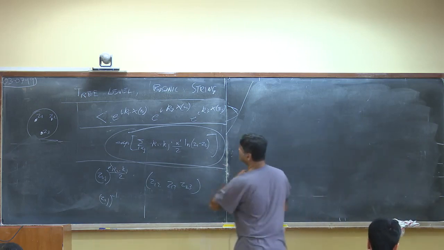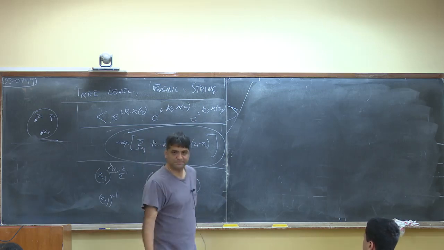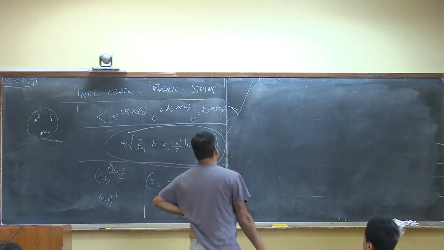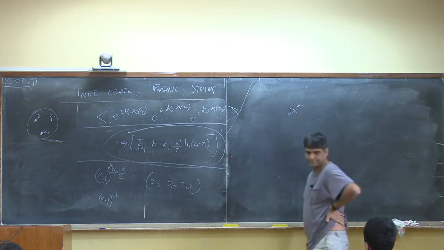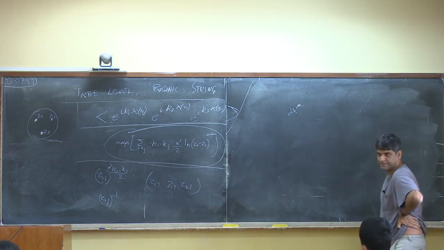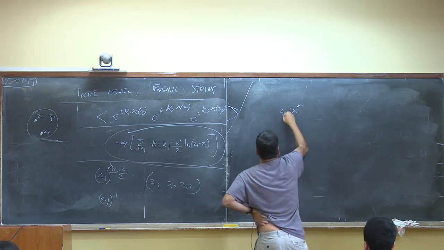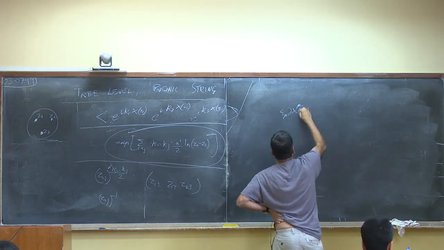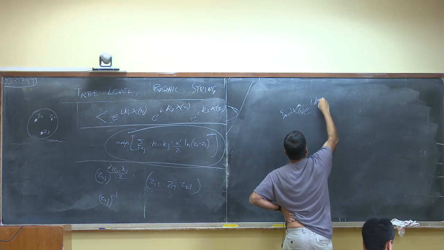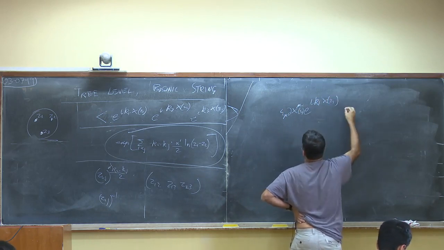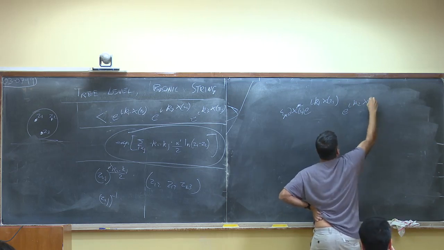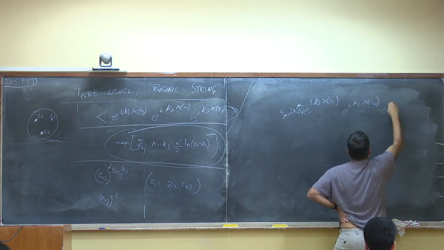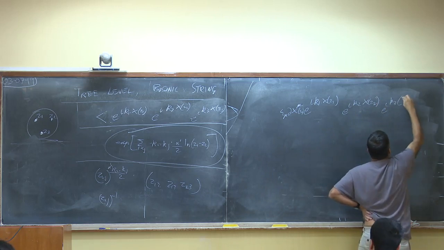Now I want to get a slightly more complicated 3-point function. The 3-point function I'm after is ∂x^μ ζ_μ e^{i k1·x(z1)} e^{i k2·x(z2)} e^{i k3·x(z3)}.